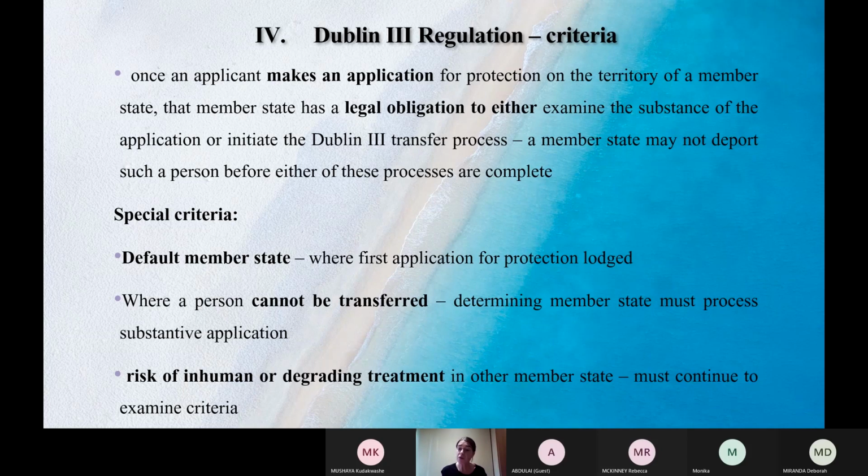So if Ireland had an application from a person who had travelled from Greece, and it was found that there was a risk of inhuman or degrading treatment in Greece, they couldn't be transferred to Greece. But that doesn't necessarily mean that Ireland is responsible. They simply must continue to apply other criteria to see if another member state might be responsible.